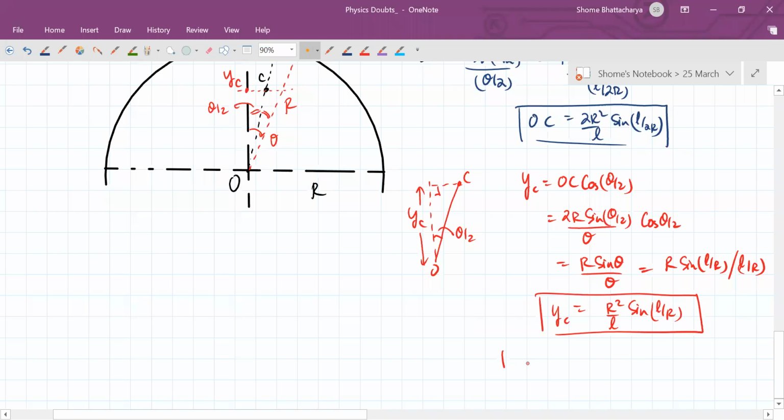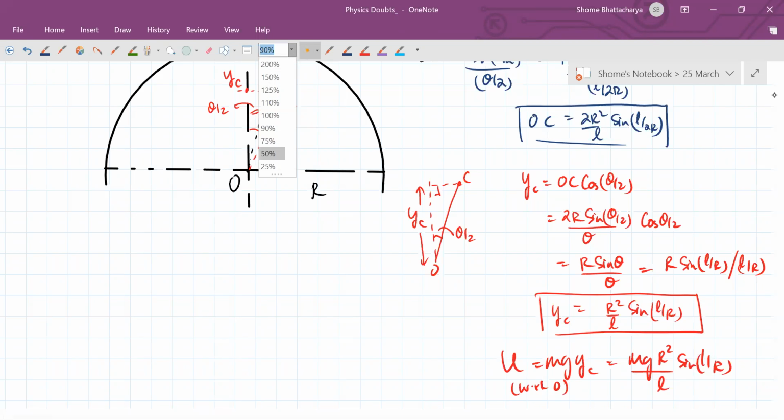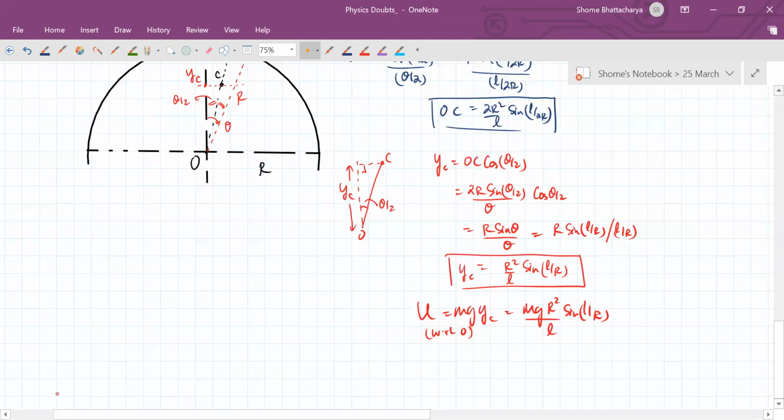So we can write the potential energy with respect to O as mgy. This is the center of mass shortcut way of calculating the potential energy.